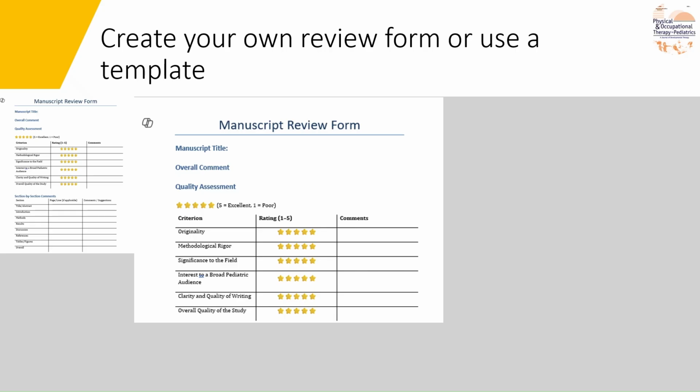Whether you're just starting or have reviewed many papers, using a review template can help you stay focused and consistent. And here's something that I've used during my years of peer review. I have a template that I'm able to attach on the platform where I always write the manuscript title and my overall comments, which is my impression.